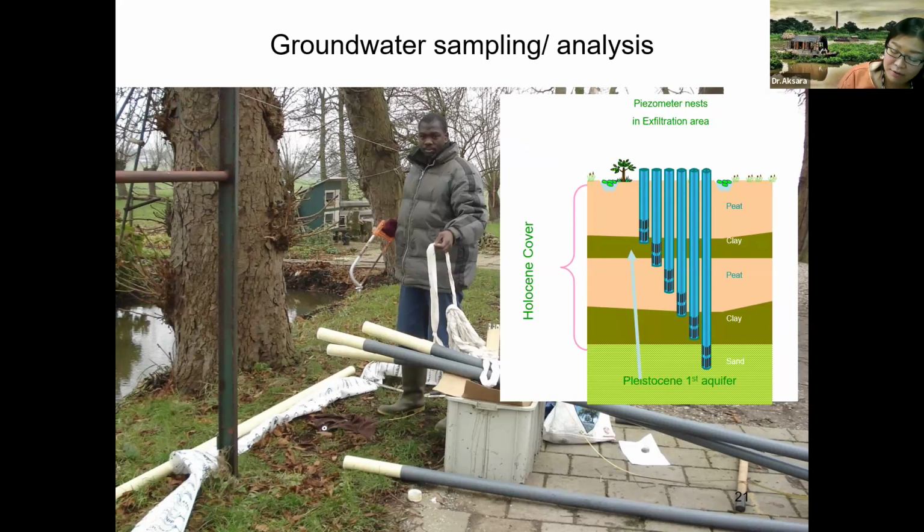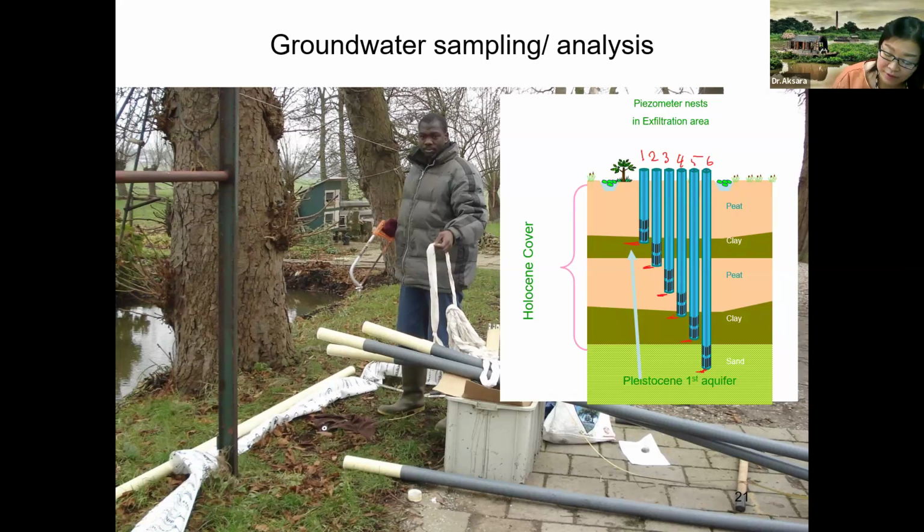Okay, so you can see that our nested well has, in this case, 6 wells bundled, and each well has a different depth. The reason they have different depths is because you designed the specific depth for each well in order to take samples from that specific depth.